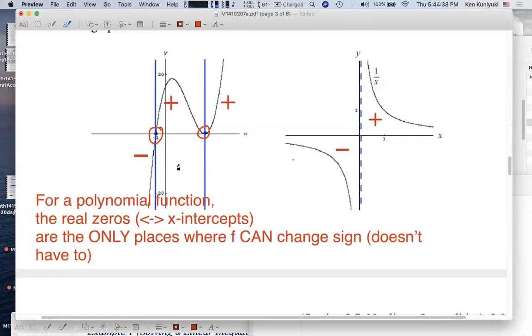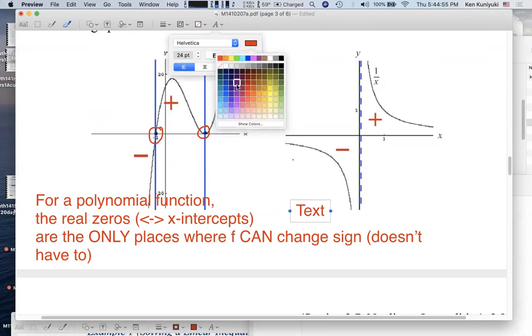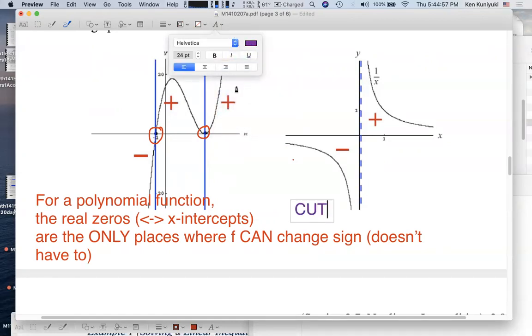Okay. So over here, at this real zero, this x-intercept, the function does change sign from negative to positive. Basically, you change sign when there's a cut at the x-axis. You change sign when the graph cuts through the x-axis. Here we're cutting through from negative y-coordinates to positive y-coordinates.